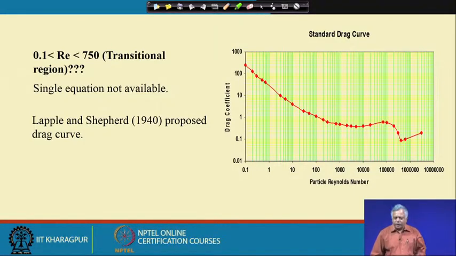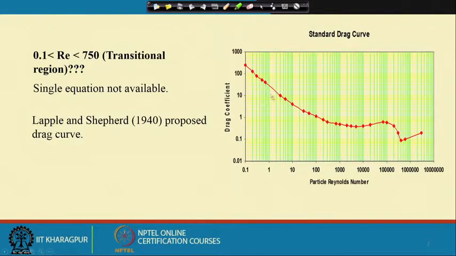A single equation proposed by someone may be quite good when you are dealing with the Reynolds number range within this region. That means they work well if your particle mass varies from this to this, that is, if your size and density relationship brings the particle Reynolds number within that range.